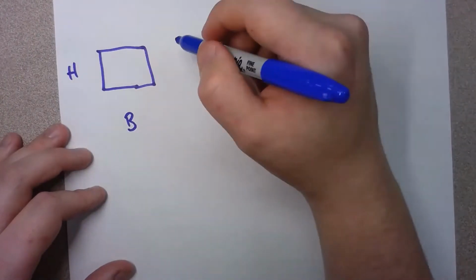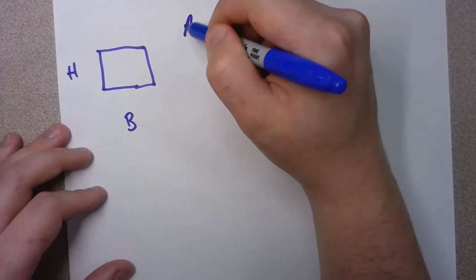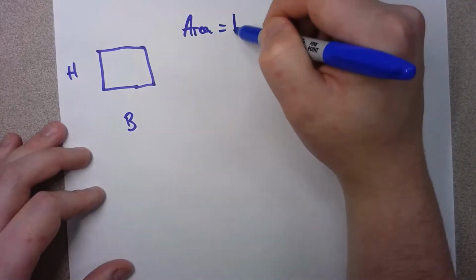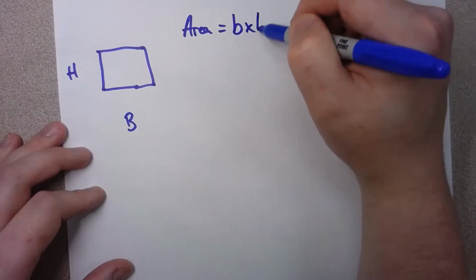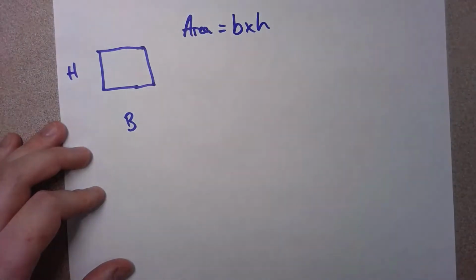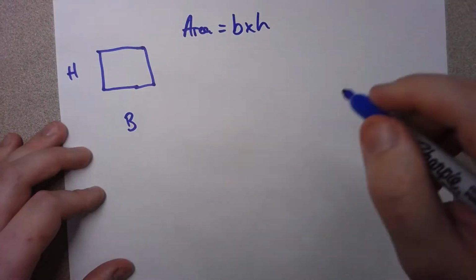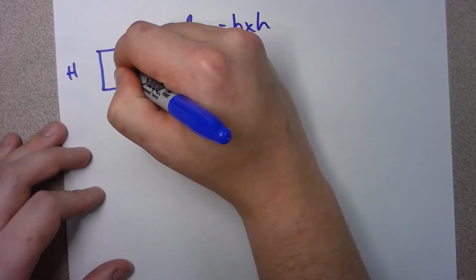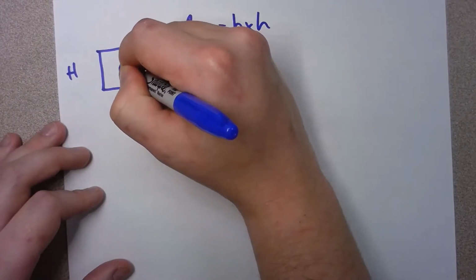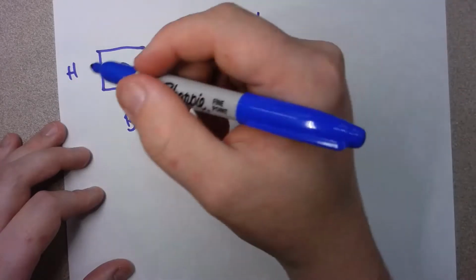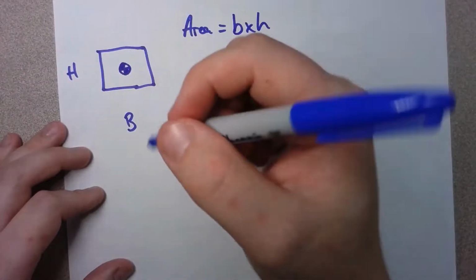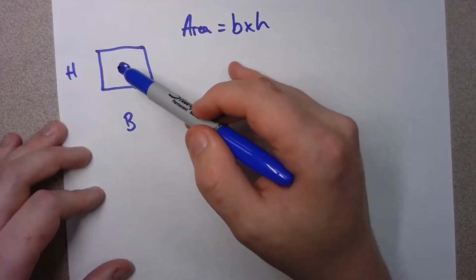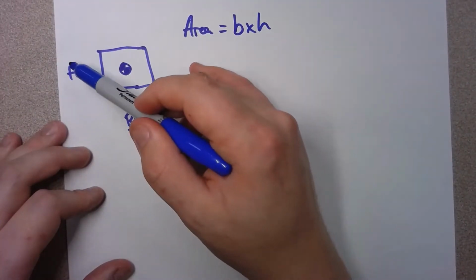First of all, a square or rectangle has an area equal to base times height. Your centroid is going to be located in the middle for a square or rectangle.